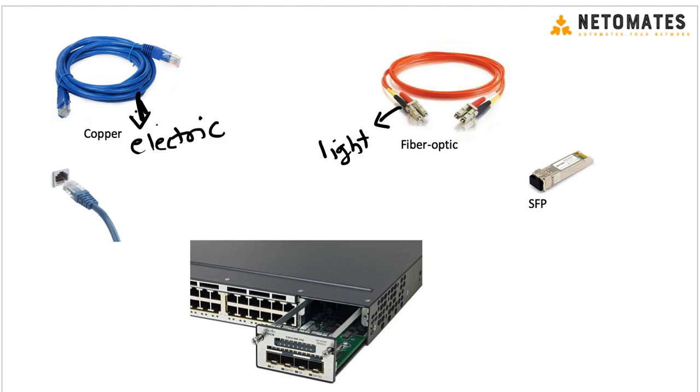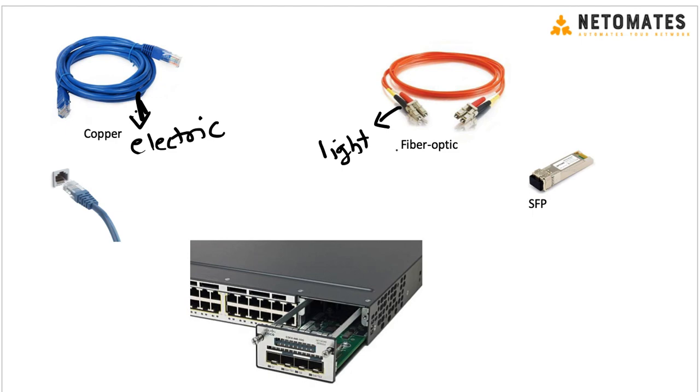But if you want to connect two devices over around 1 kilometer or higher distances, it won't work because the electric signals will be lost after traveling such a distance. So copper cables are good only for short distances, like within a room or within a rack. But you can use fiber optic cables.